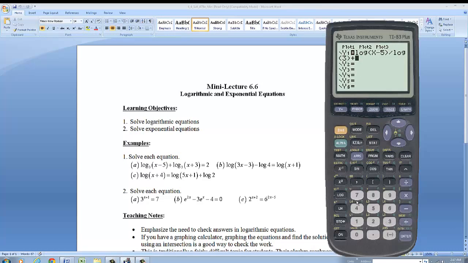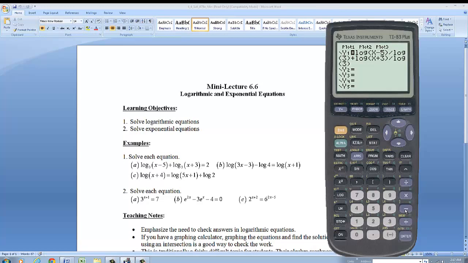Plus the log of this number, which is x plus 3, divided by the log of that same base, which is 3. Okay, remember, one side has to be 0, so I have to bring this 2 over.